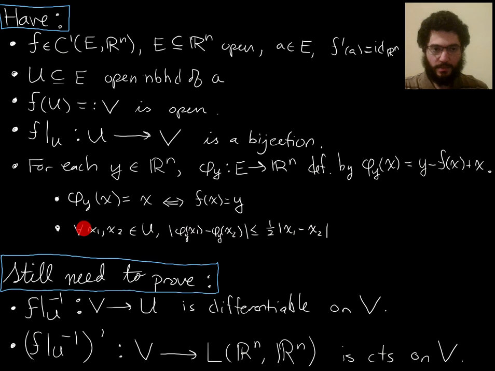So the whole way that U was chosen to get everything else to work was it was chosen so that this happens. So that's where we used the continuity of f prime. We use the continuity of f prime to pick U so that this here happens.